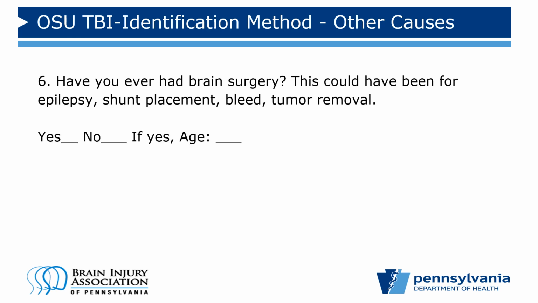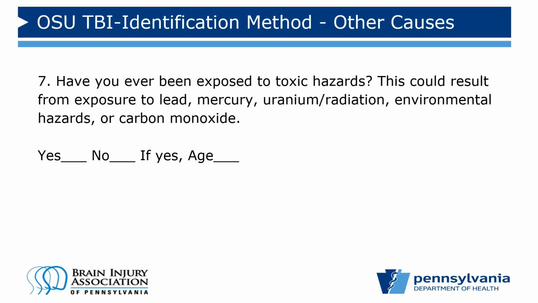In question 6, we ask, have you ever had a brain surgery? It could have been for epilepsy, the placement of a shunt, for a brain bleed, or for removal of a tumor. If any of that is true, the individual answers yes. We find out the age at which it happened. In question 7, we're asking about poisoning or toxic hazards. We ask, have you ever been exposed to toxic hazards?